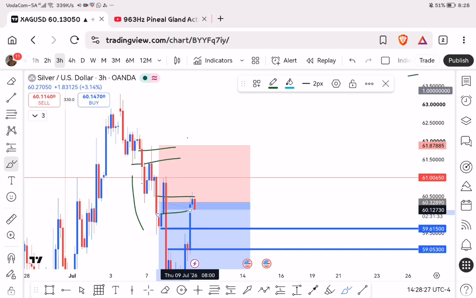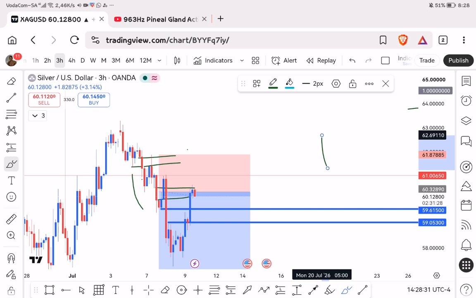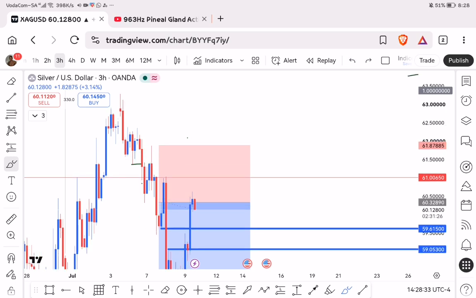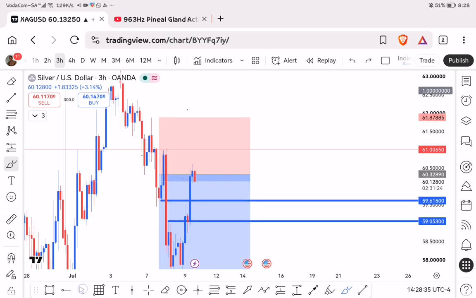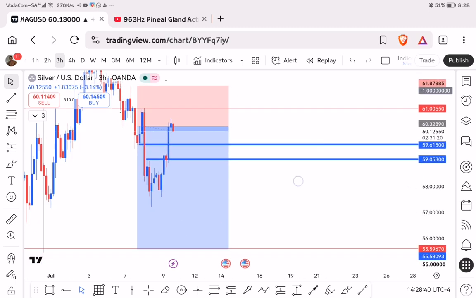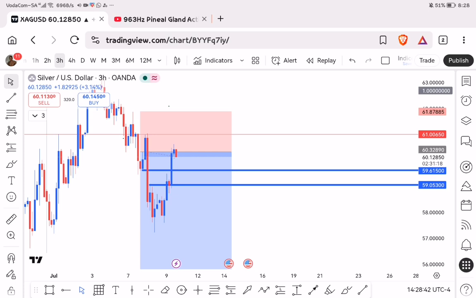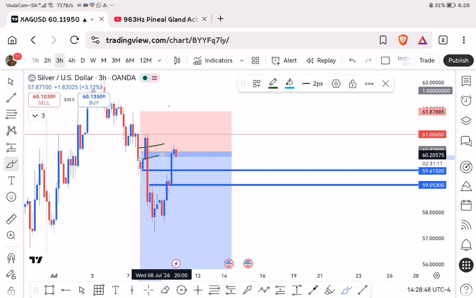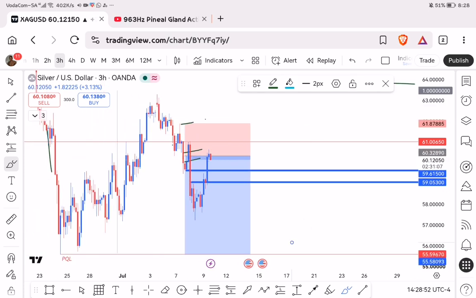You can actually see I still have the short depiction, or I went short there. So I went short here, put my stop loss there, and then my target was this previous quarter's low.